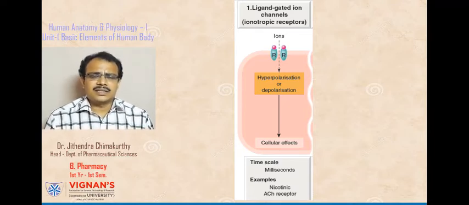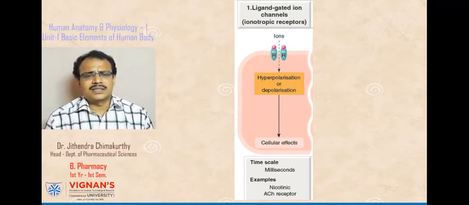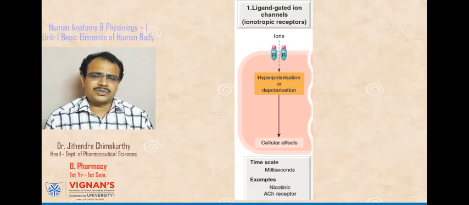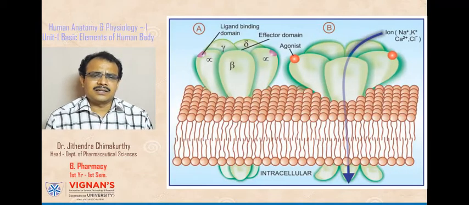In this way, the ion channels are regulated by these receptors, and these ion channels are necessary for the movement of ions into and out of the cell.